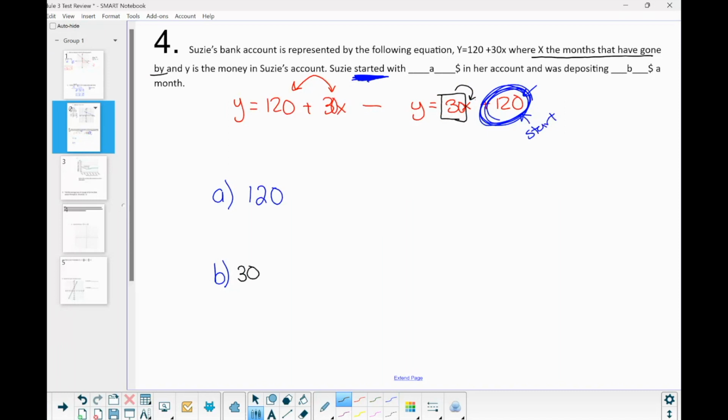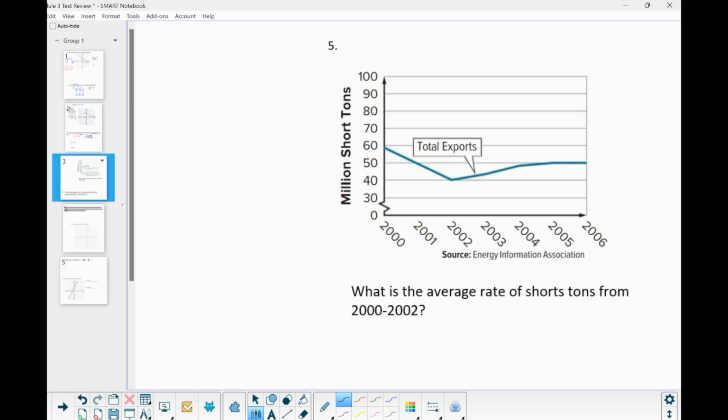All right, let's go to number 5. So it says, what is the average rate of short tons from 2000 to 2002? So we're talking about million short tons versus the years. So we're looking at years 2000 to 2002. Well, I'm going to go to 2000. 2000 seems to be on my x axis.